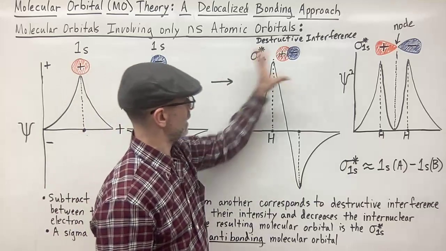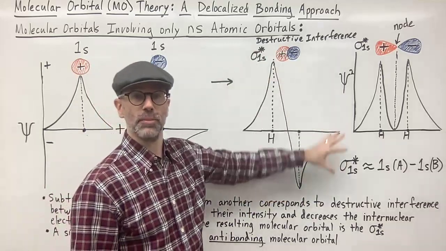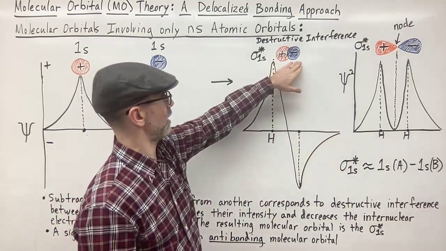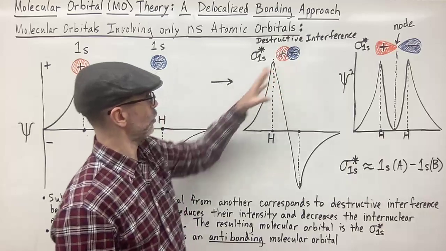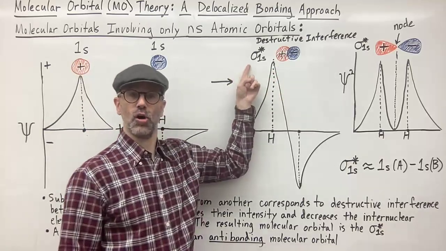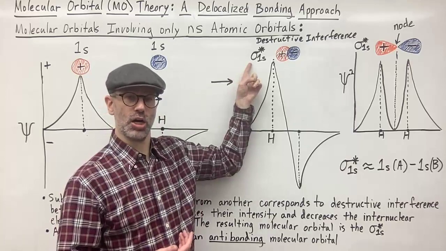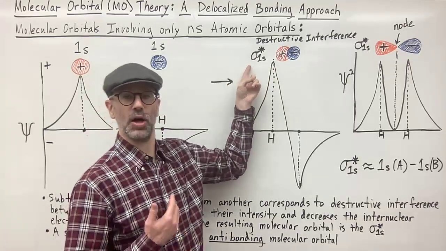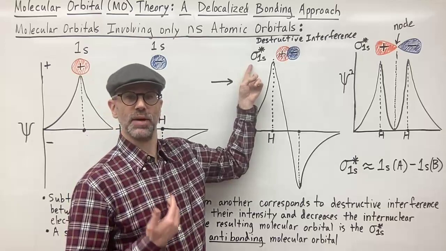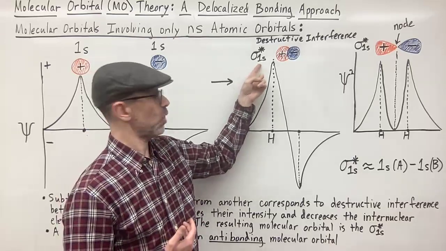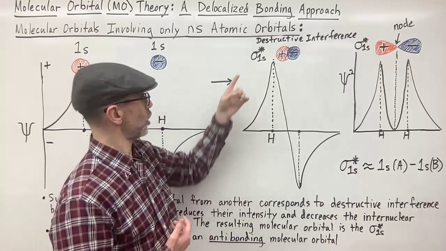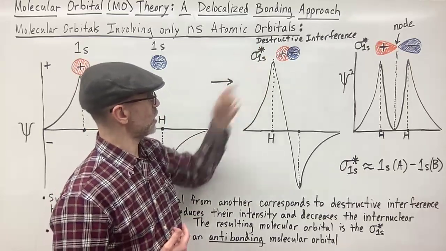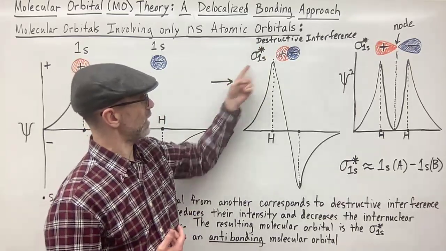So you get this wave function from the combination of the positive and negative atomic orbitals. And this forms what is called a sigma star molecular orbital. So this is called the sigma star 1s. We'll talk about sigma star orbitals in a moment.